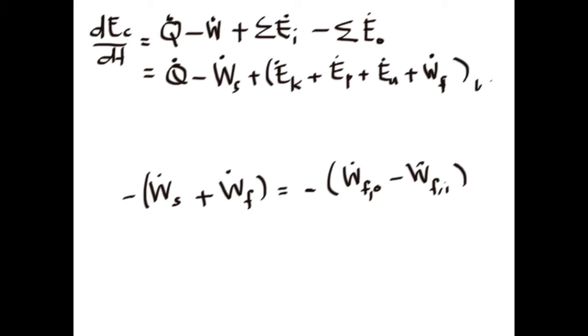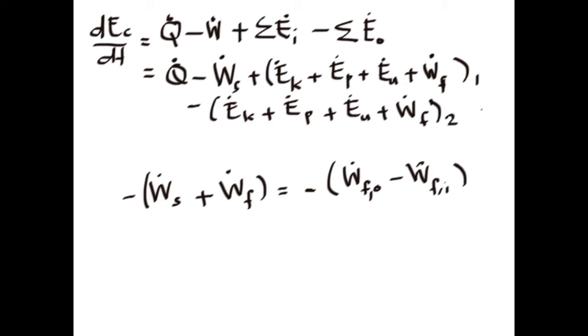For the inlet, normally I use 1. Minus energy at the outlet, we have kinetic, and flow work. So flow work at the outlet is a negative, so it's a negative here. At the outlet, we use 2. Inlet 1, outlet 2.